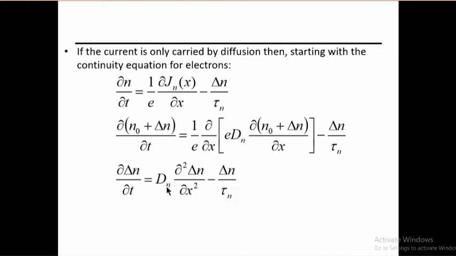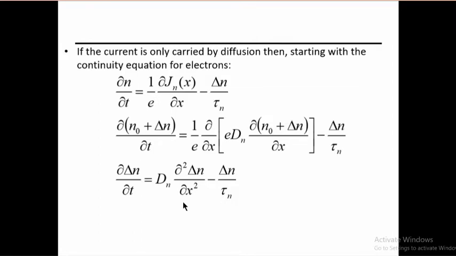So it becomes del delta N by del t equals D_N del square of delta N by del x square minus delta N by tau N. So now we have reached this equation.